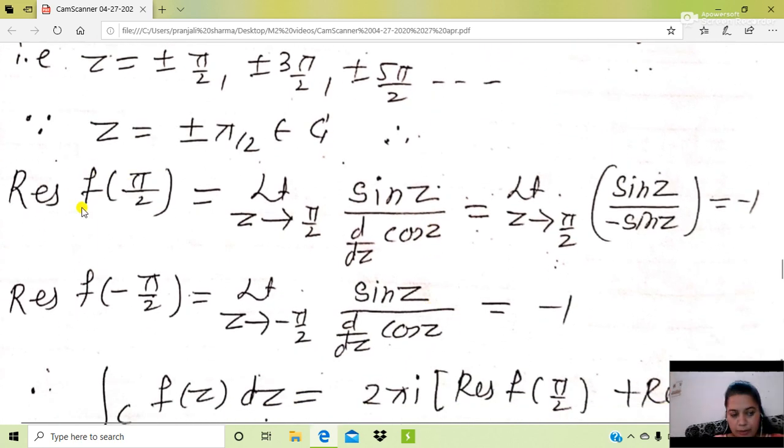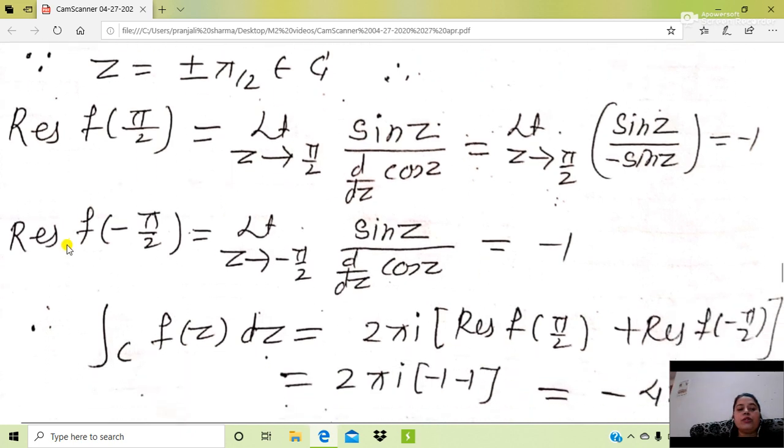So residue of f at pi by 2 will be limit z tends to pi by 2. We use the formula phi(z) upon psi dash(z) at z is equal to a. So it will be limit z tends to pi by 2 of sin z upon differentiation of cos z. And when we differentiate cos z, it will be minus sin z whose value is minus 1. So residue of f at pi by 2 is minus 1.